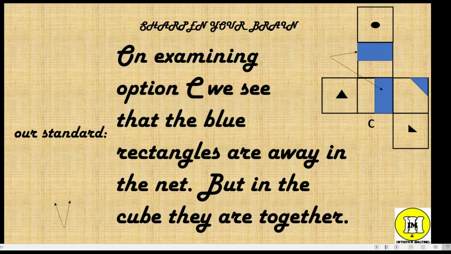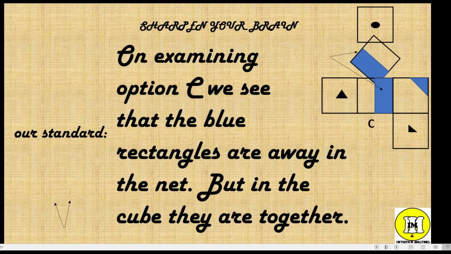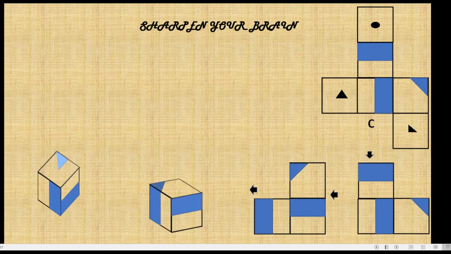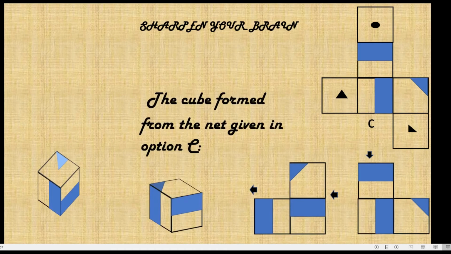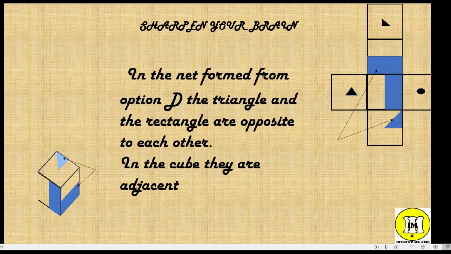On examining option C we see that the blue rectangles are away from each other in the net, but in the cube they are together. The cube formed from the net given in option C. In the net of option D the triangle and the rectangle are opposite to each other.